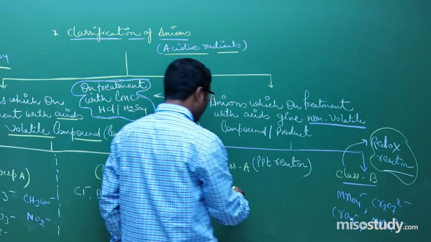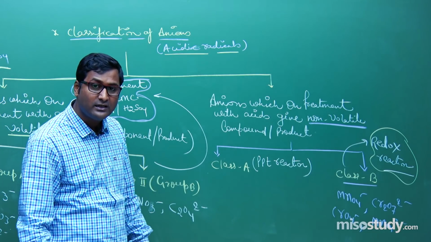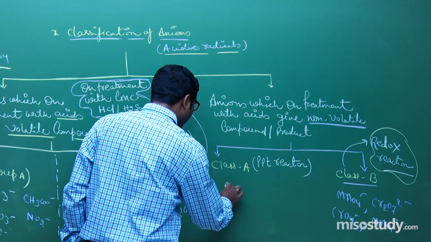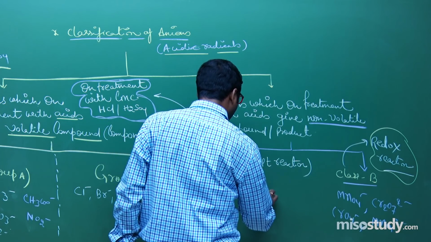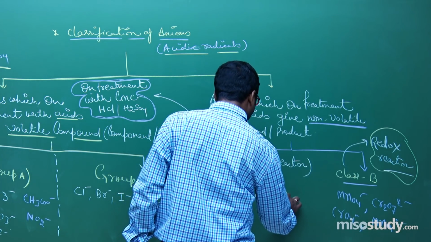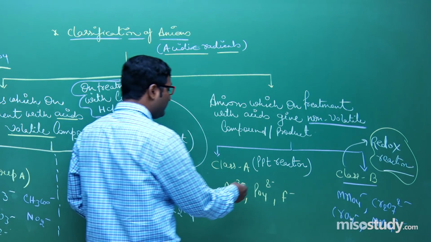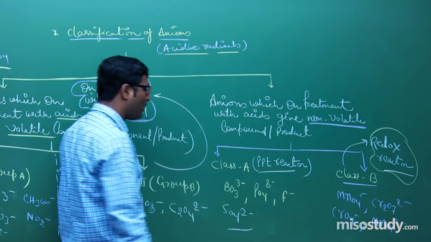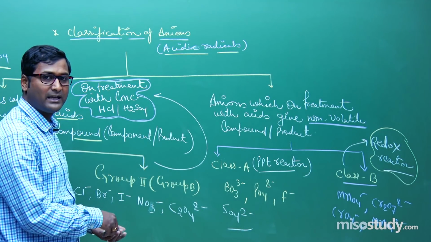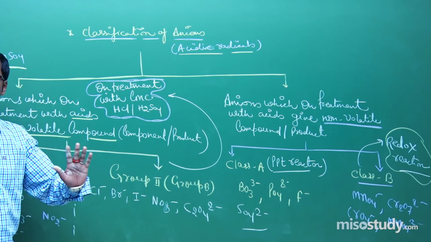Now if I talk about class A, which gives a precipitation reaction, we know borate, phosphate, fluoride, and sulfate; these all give PPT type reactions. So these are the classifications according to me.